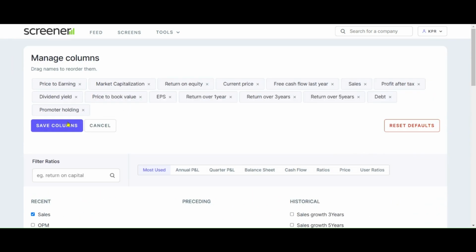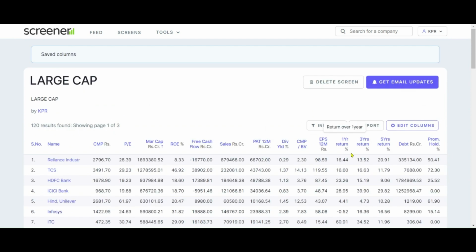I can add that, save, and it's going to display the debt as well as the promoter holding percentage here. These kinds of screens, columns, and different values we can add here. So this website is also another good option for us to do the fundamental analysis.